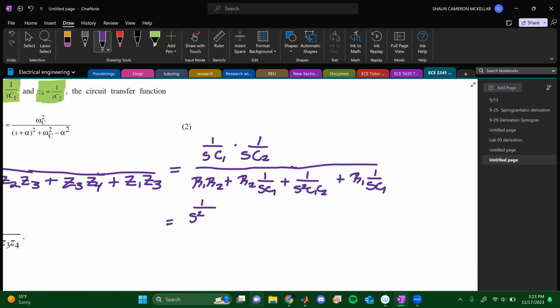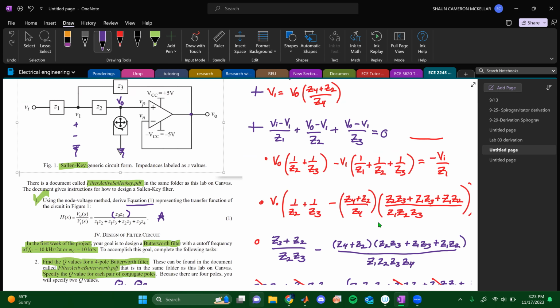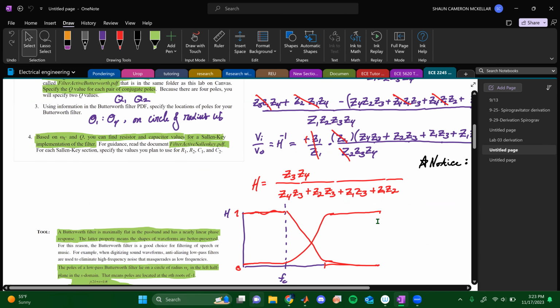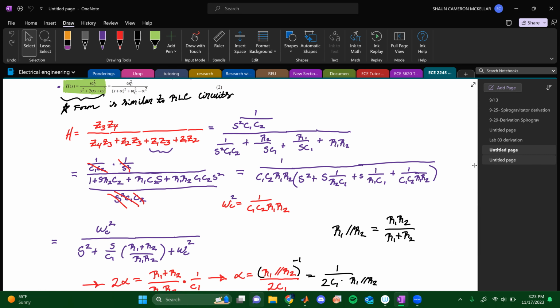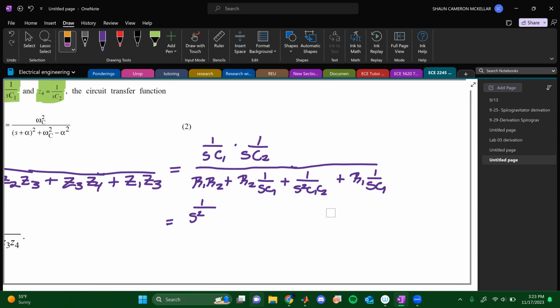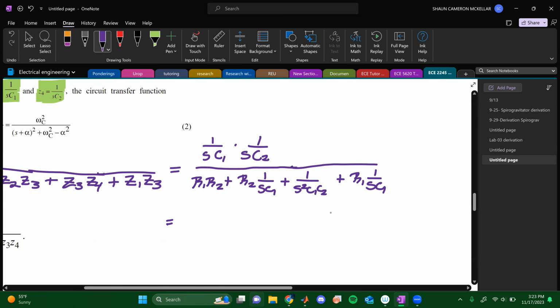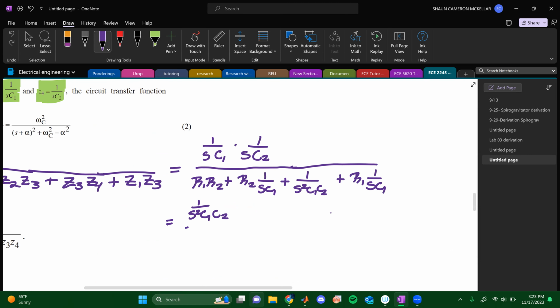Sorry, one sec. I want to make sure I don't veer too far off the path. But yeah, basically we just need to start factoring stuff out. So if I pull out this term 1 over S squared C1 C2 from each term in the numerator and denominator, in my numerator I'll just have 1. In my denominator, what do I get?